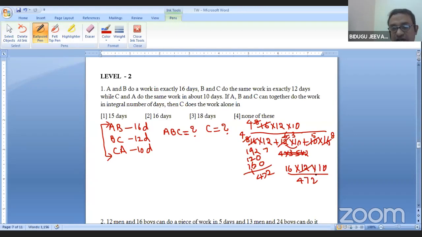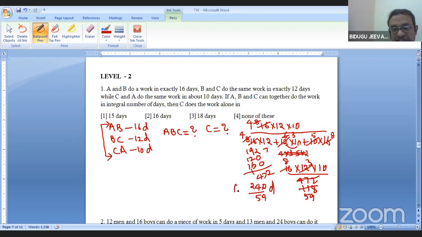Divided by 4, we got the same. Now 2 eights, 2 fives are 10, 2 nines are 59. Of course, it is a prime number, so we cannot do anything. This is 240, so 240 by 59.